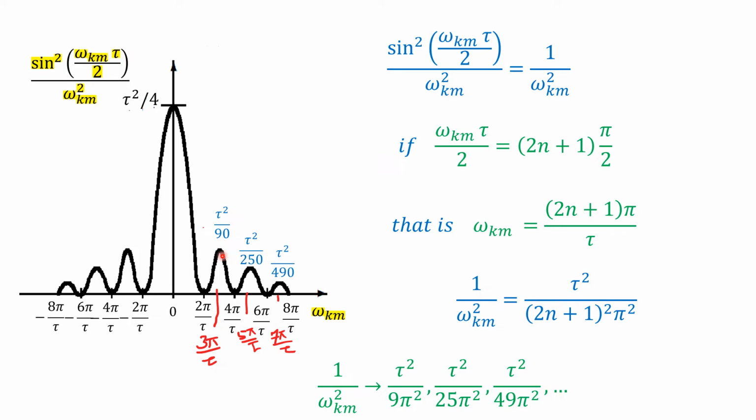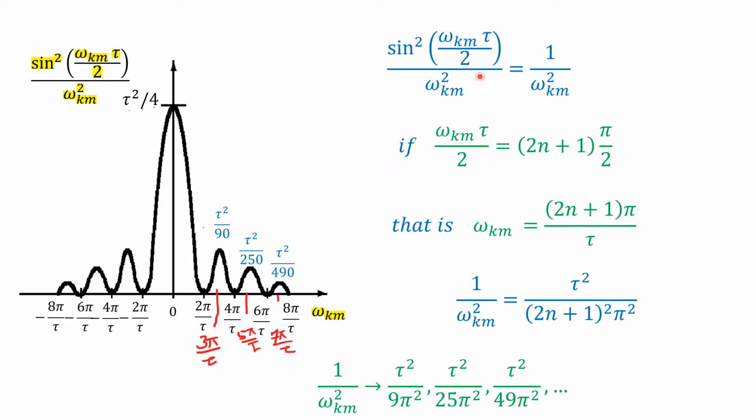To find the next maximum, the sine argument will be maximum if it is an odd integer multiple of pi by 2, that is pi by 2, 3 pi by 2, 5 pi by 2, like that.